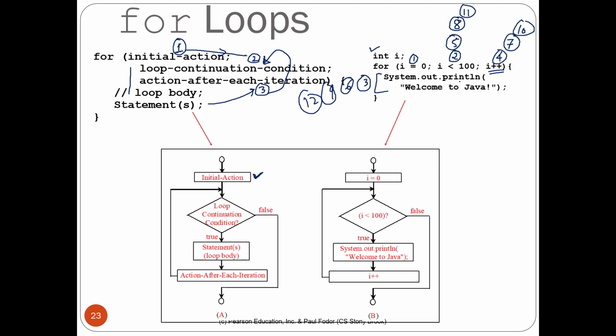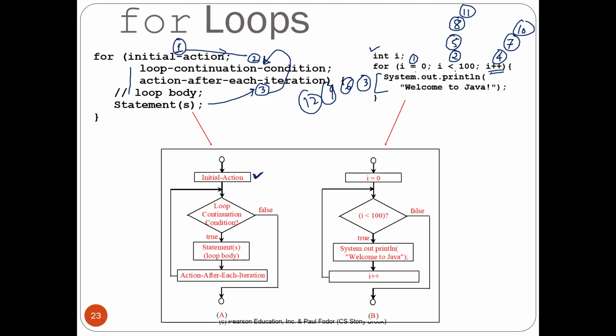You know that you have to print welcome to Java 100 times. So it is so simple. You can write all the important things that you need for a loop, like initialization, condition checking, and incrementation, everything in one place.